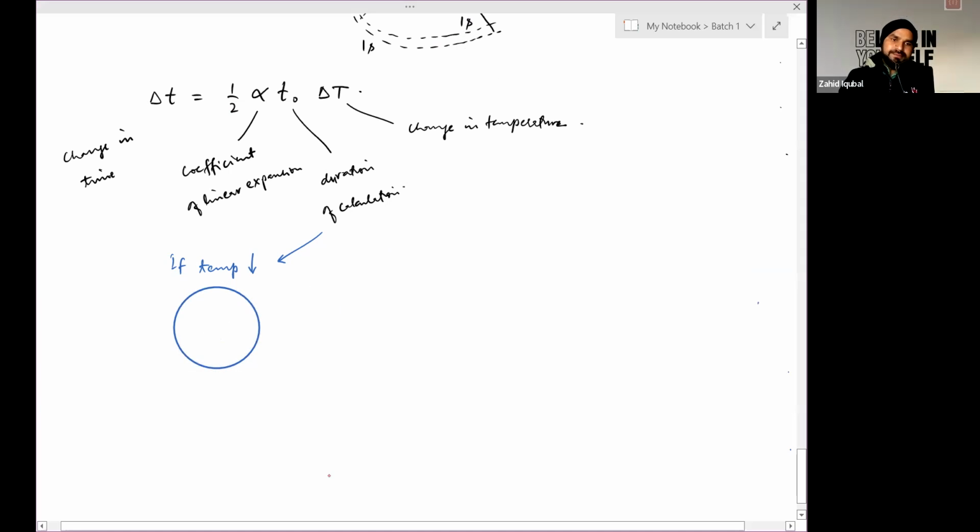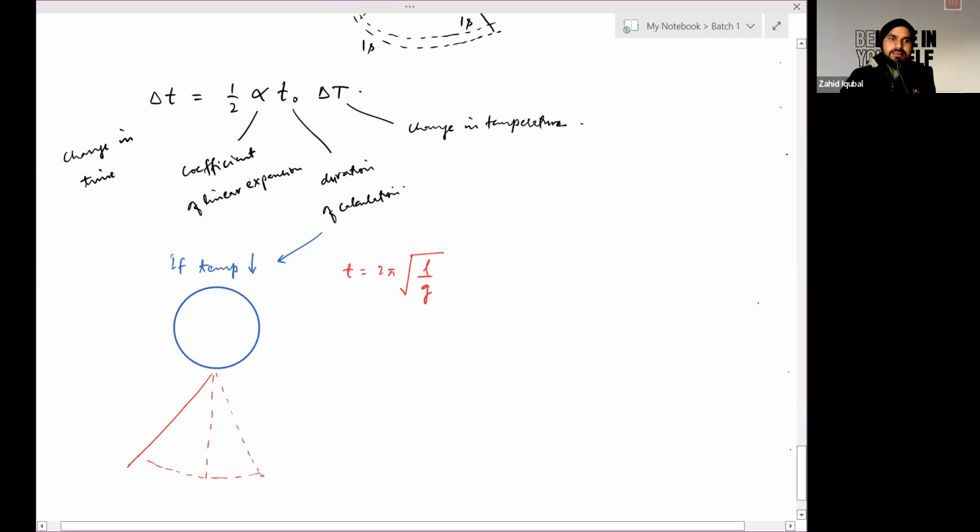In this case, on decreasing temperature, according to the formula of simple pendulum, time period equals 2 pi root under L by g. So on decreasing temperature, length will contract. On contracting length, the time period of going from one end to the other end will also decrease.